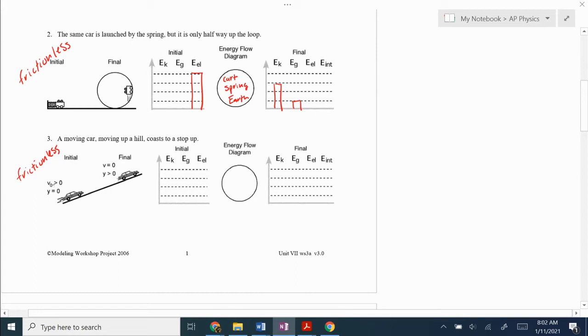So as we pay attention, we have a car that's moving. This says the initial velocity is greater than 0 and y is equal to 0. What this says is our gravitational energy is equal to 0 and our kinetic energy is not equal to 0. So let's put the car in the system, and we're going to have gravitational energy because it's going to go up the hill. That means we should have the Earth in the system as well.